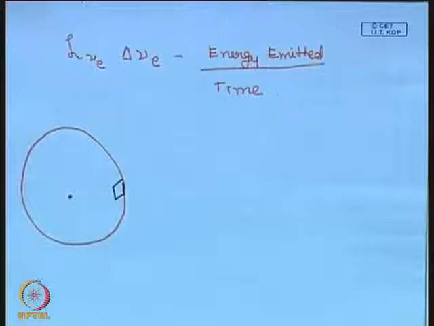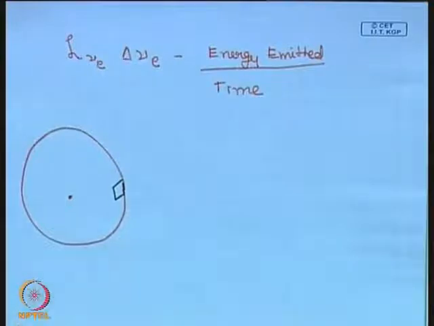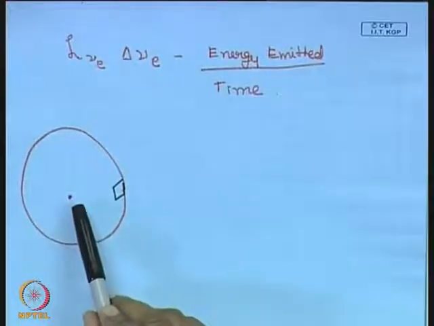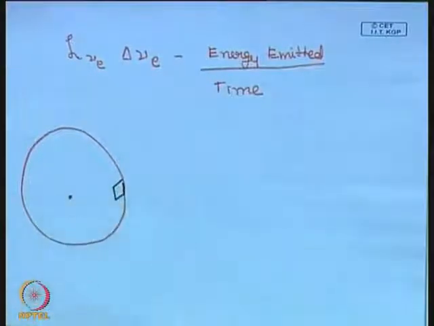But here the time interval also gets changed because of the expansion of the universe, and the frequency also gets changed because of redshift. So let us now calculate the relation between the luminosity and the flux, taking into account all of these.